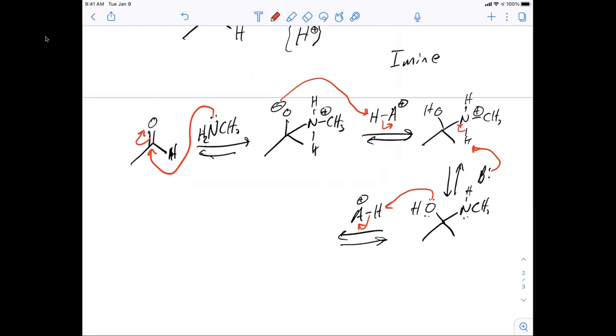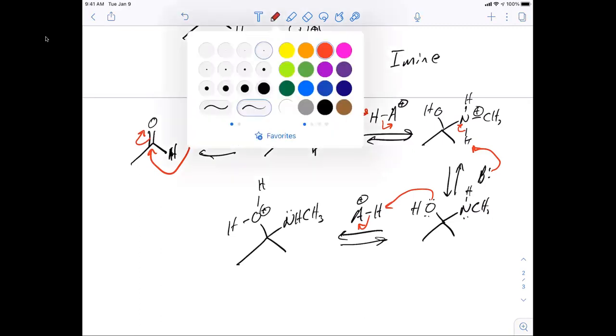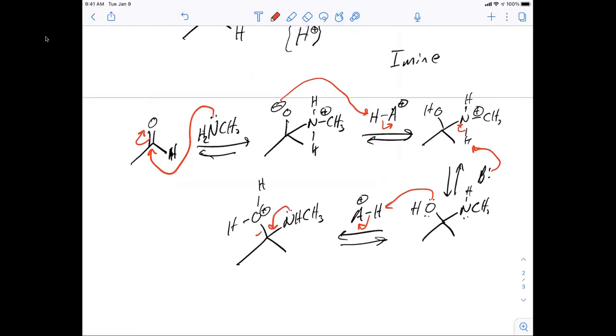But protonating that oxygen now gives us water. Right, so we get OH2 here, with the positive. Nitrogen's got the lone pair, hydrogen, CH3. Now the lone pair can come down, kick off the water as a leaving group.